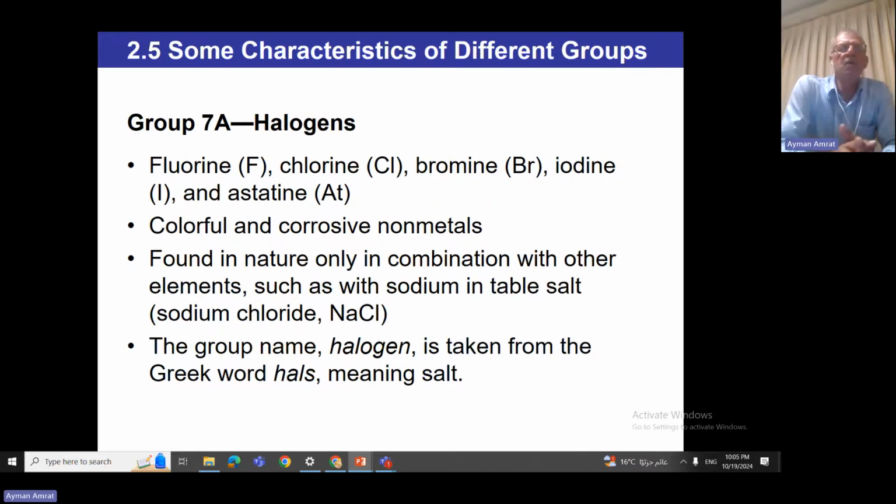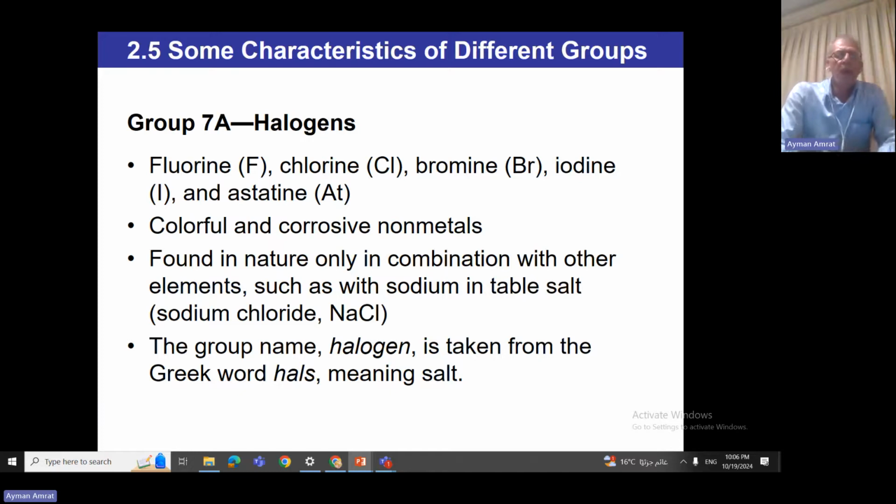Group 7A is also a famous group called halogens: fluorine, chlorine, bromine, iodine, and astatine. These are called halogens, colorful and corrosive nonmetals. They are nonmetals found in nature only in combination with other elements, such as sodium with chloride, table salt.